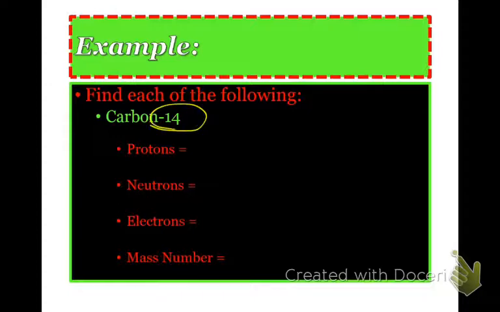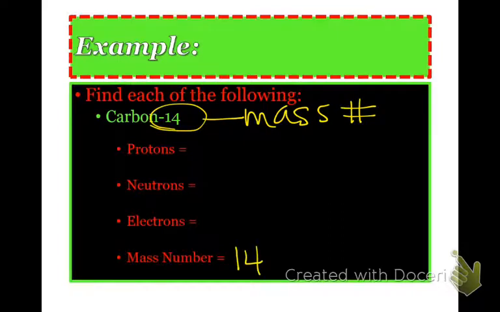I said this was my mass number, 14. I looked at my periodic table and the protons was 6, and the electrons is the same as the protons, 6. So now all I need is my neutrons.